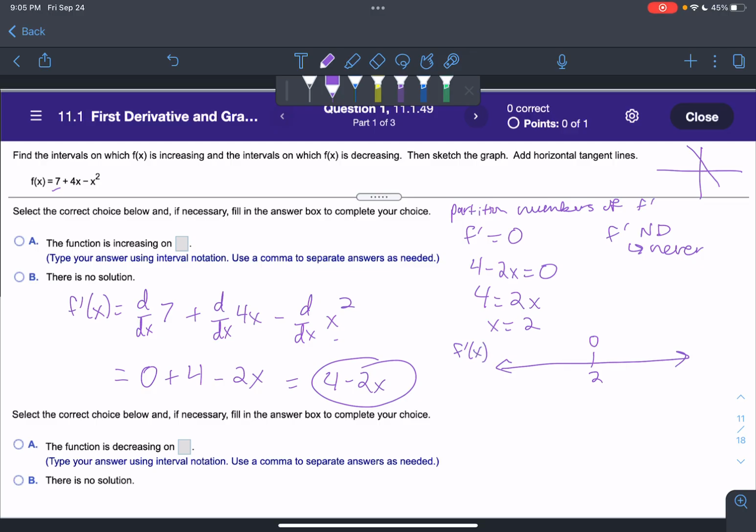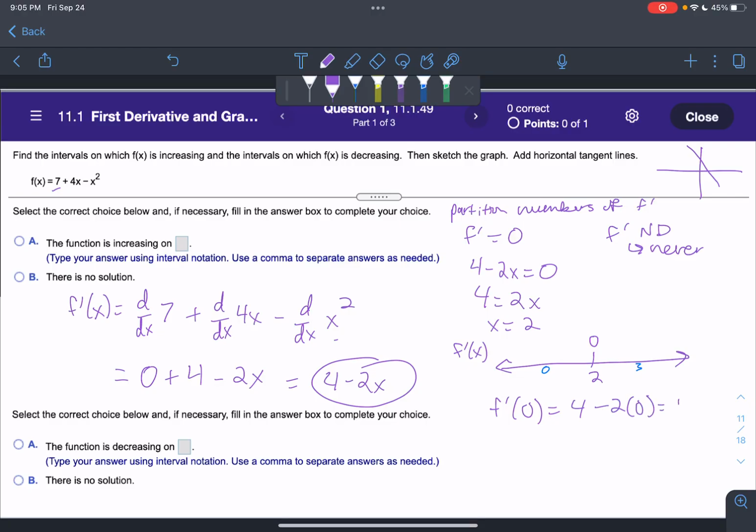Okay, so now we want to fill out our sign chart. What you can do is plug in numbers to the left and to the right. So just pick test points in each interval to the left and right of our partition number, and then find what the derivative is. You can find the sign even; you don't have to fully compute it if you don't want to.